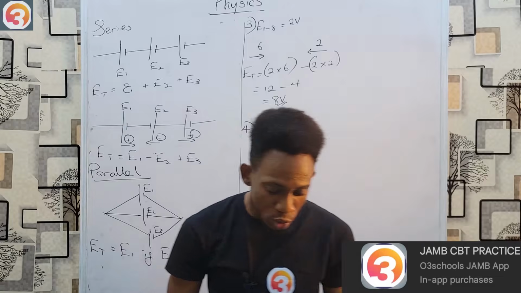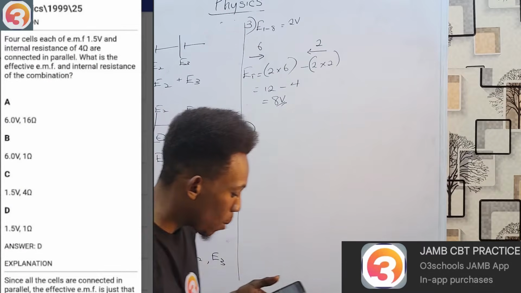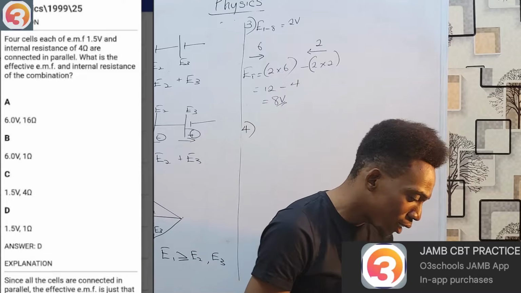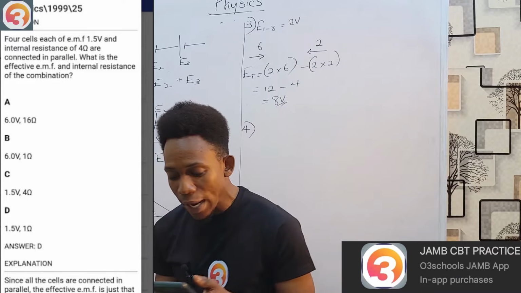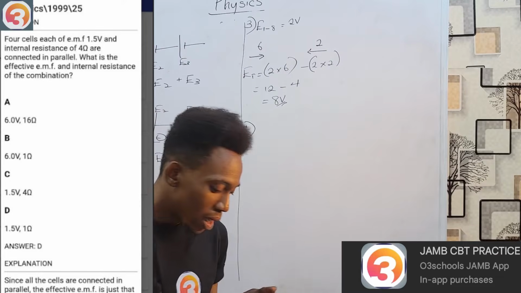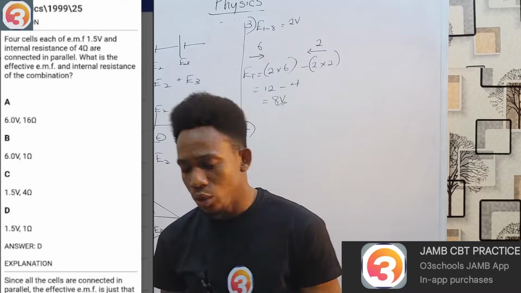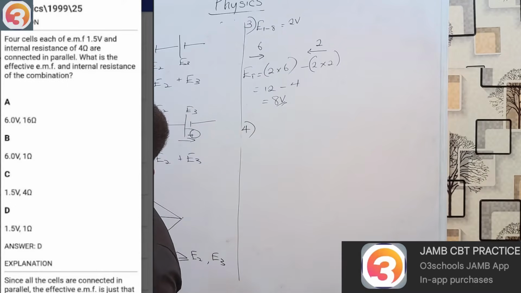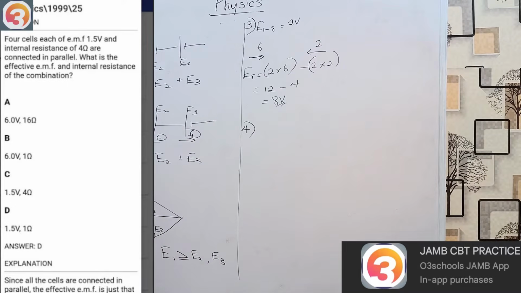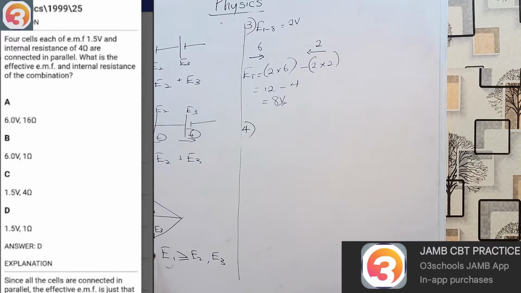1999, question number 25. 4 cells, each of EMF 1.5 volts and internal resistance of 4 ohms, are connected in parallel. What is the net EMF and internal resistance of the combination? As we are aware, if cells are in parallel, we pick the biggest value.